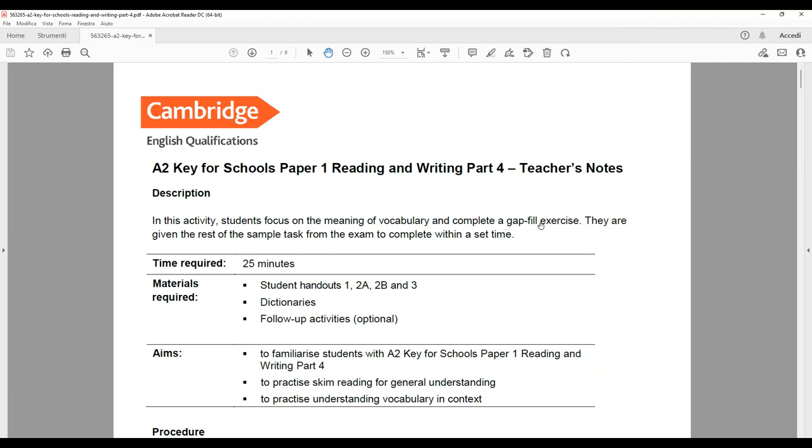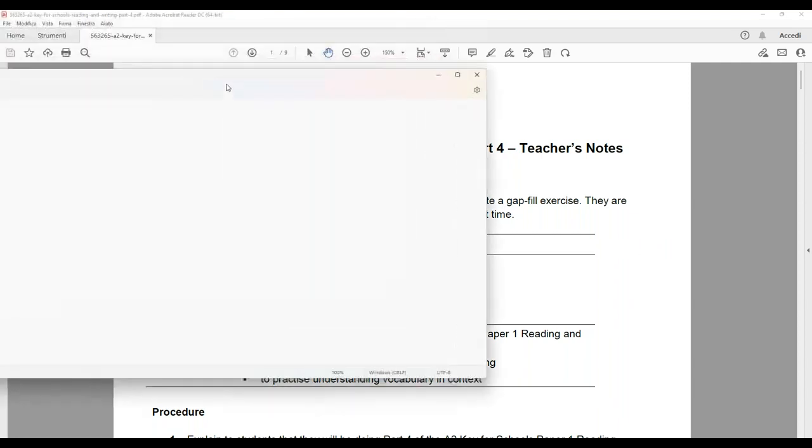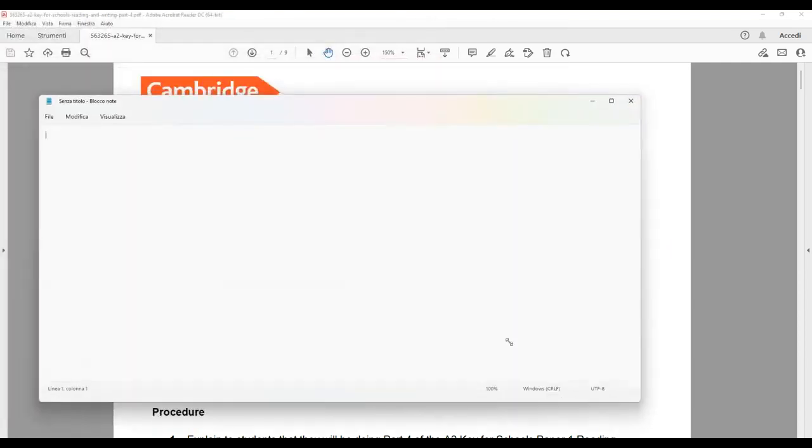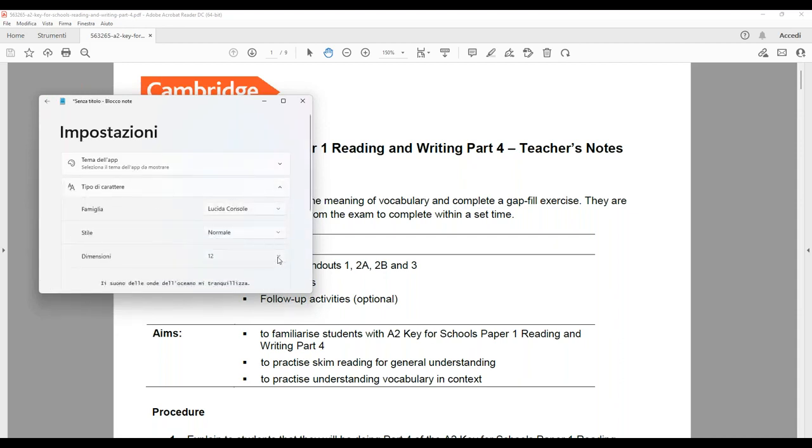Complete or fill the gap, which is not to be confused with the verb to feel. If I write this word, to fill, just like this, let me see if I can make it a little bit bigger, maybe 22.